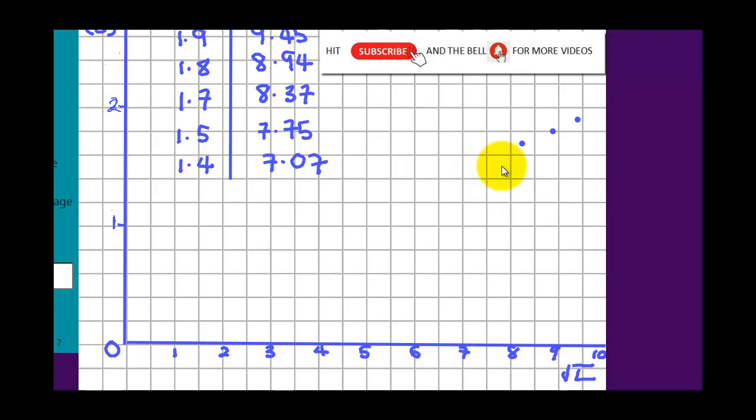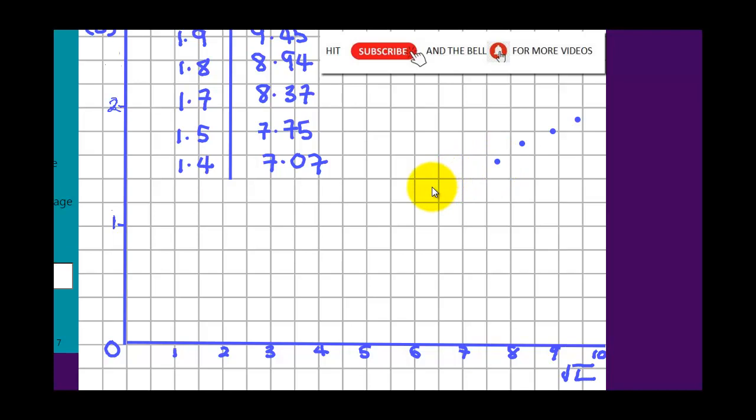So 7.8 should be, this is 1.5. Okay. So this is 7.5. We'll have our 7.8 to be somewhere around here.